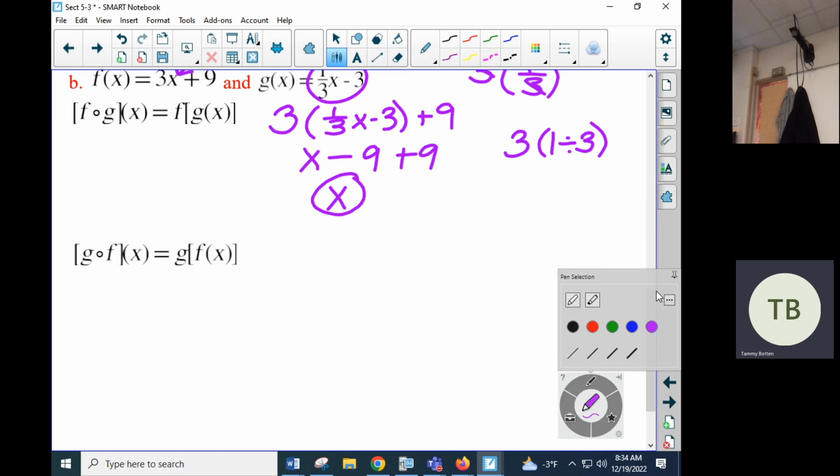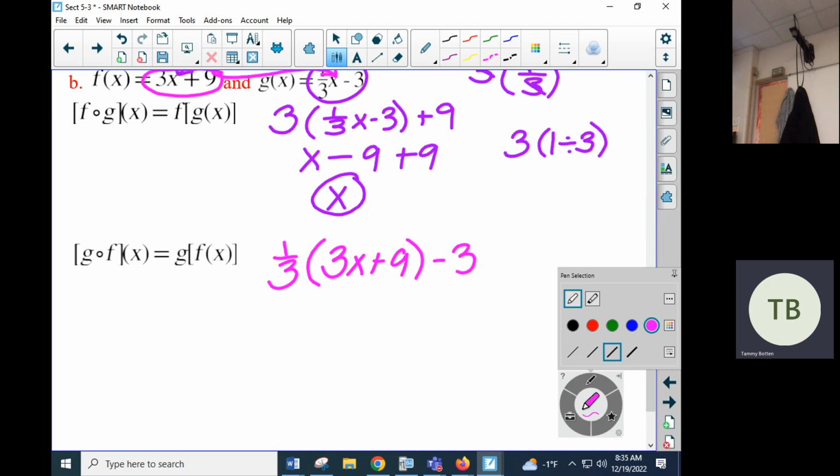Now, if I go to this next one, I have to take my f of x and put it into x here. So that would be 1/3 times, and then I put the f of x in there, and then minus 3. Now what I would do is distribute. 1/3 times 3 again is just x. 1/3 of 3 is just 1.